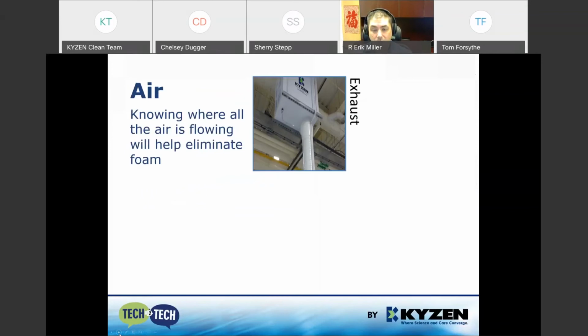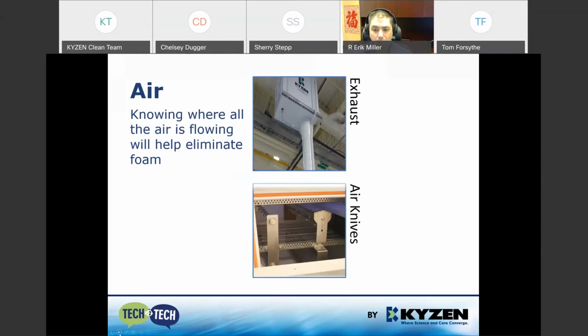That's because that's where it tends to have people, but that will also pull chemistry and foaming materials from one section into another section, and it kind of happens drip by drip, but it's a large contributor to foam. Making sure that your exhaust is balanced so that we're not pulling one section over another is very important.